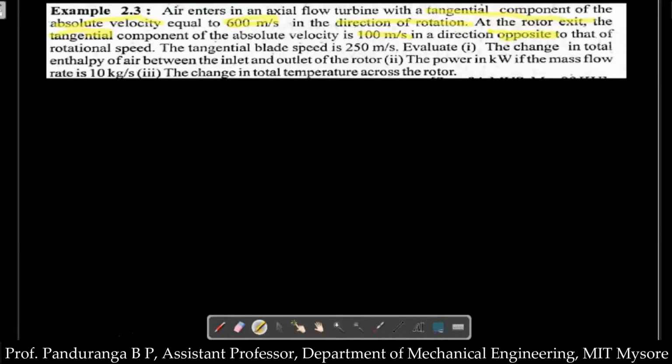Again, this term is very important. At the inlet it was in the direction of rotation, but at the outlet it is in the opposite direction.